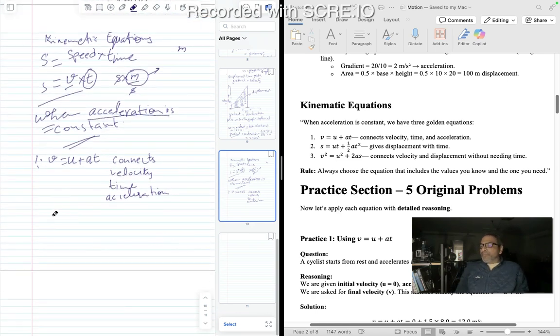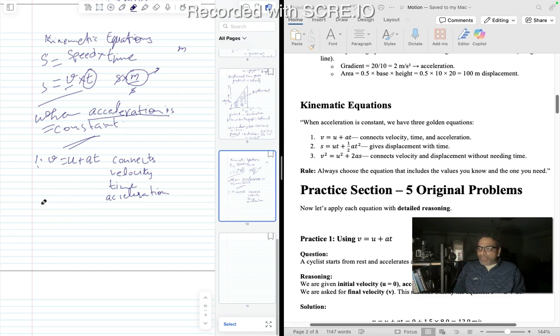So, for example, if a question says that the car accelerates from 0 at 2 meter per second square for 10 seconds, what is going to be its final velocity?